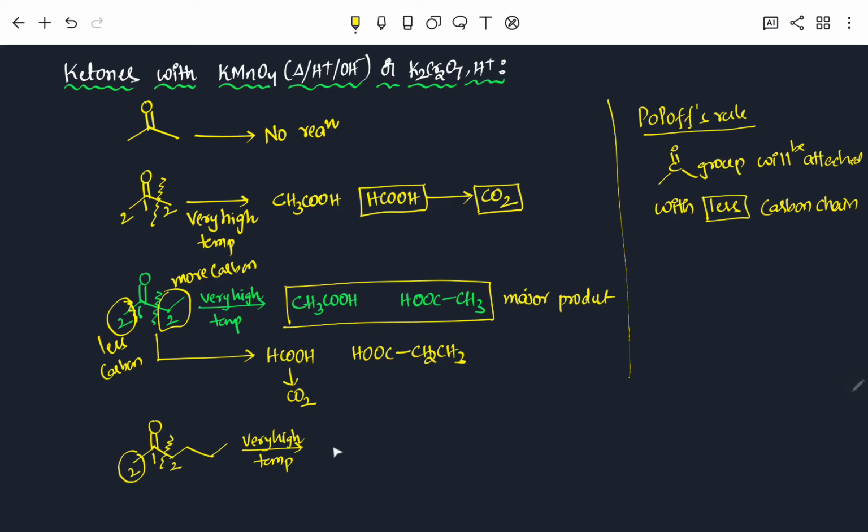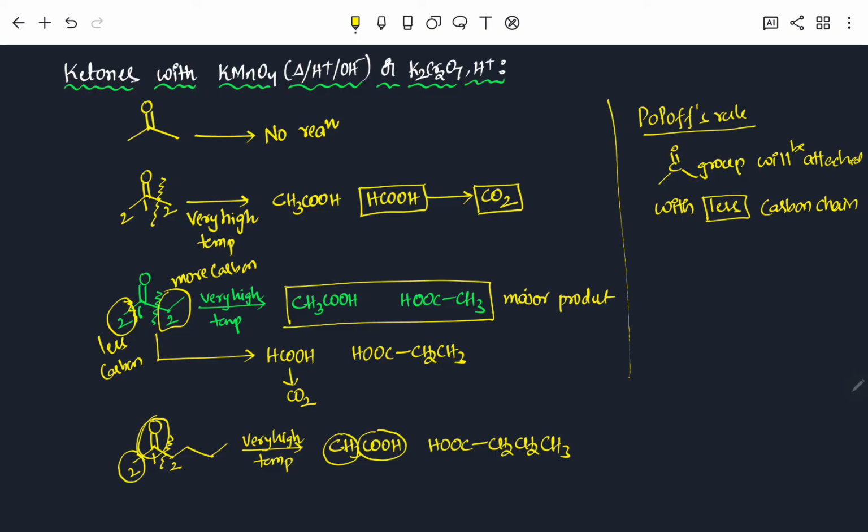The left group is converted into CH3COOH and the right group is converted into COOH, CH2, CH2, CH3. That means butyric acid or butanoic acid. So in this case, the CO group will be attached with the smaller number of carbons.